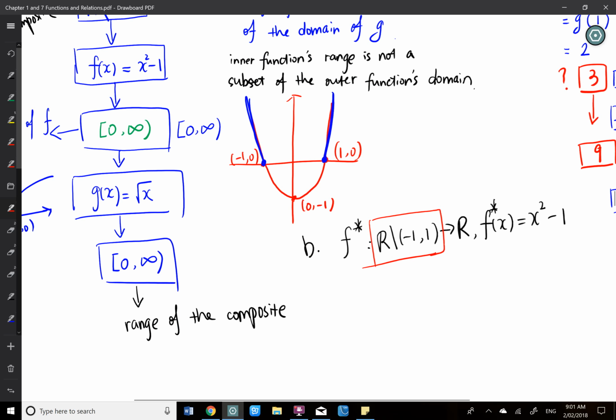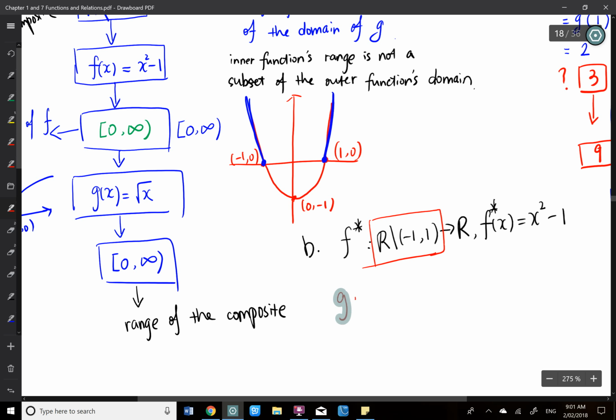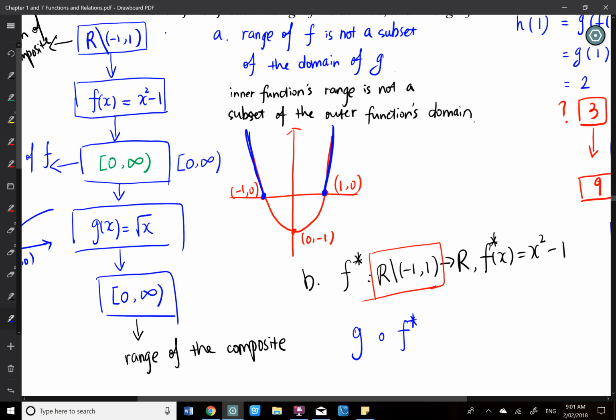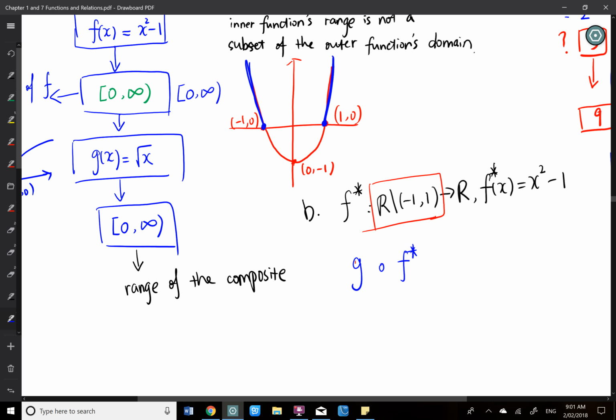It also asks you to find g of f star. So g of f star is you put f star into the function g. So g of f star x equals, gx is square root x, you put f star into that.